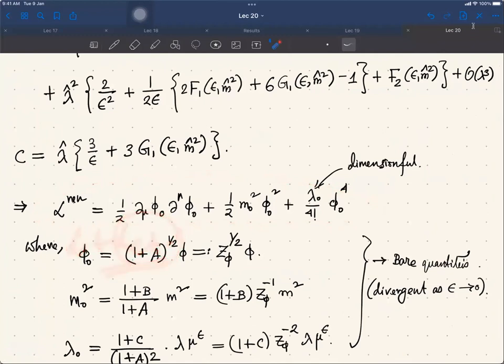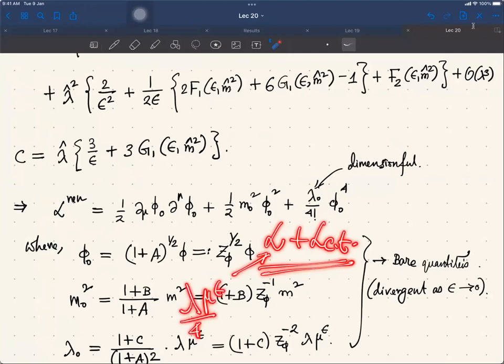This counter term is what we have calculated to some extent, and this renormalized Lagrangian density is where this lambda 0 appears. This is the bare coupling. So that means this lambda 0 can be read from L plus L counter term. This is what we should do. L has originally a term lambda mu to the power epsilon by factorial 4 phi to the power 4.